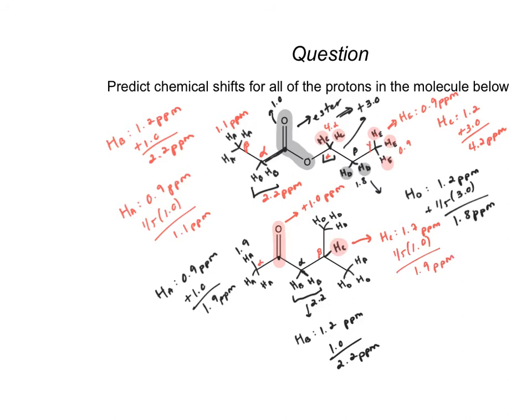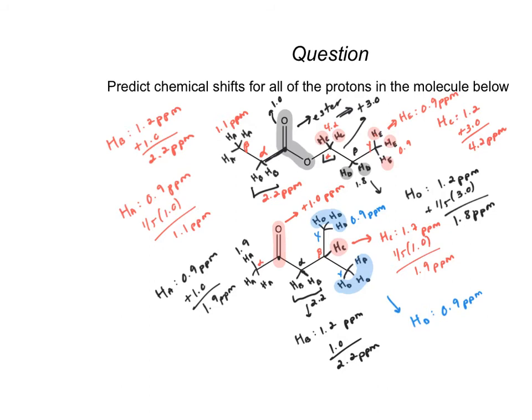And then finally HD. These guys are gamma to that carbonyl, so you're not going to feel any effect anymore. So for HD, it's just a normal methyl. So just 0.9. There's no additive effects. There's no nearby electron withdrawing groups.